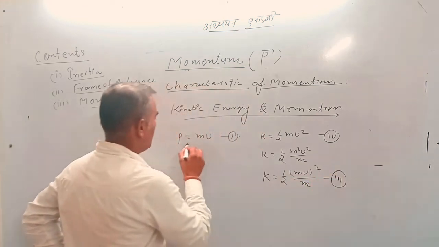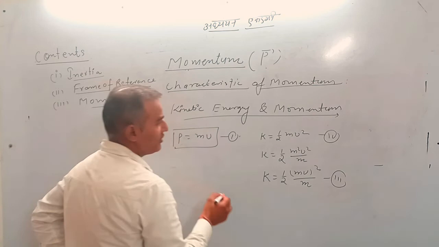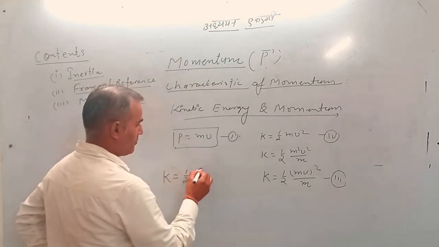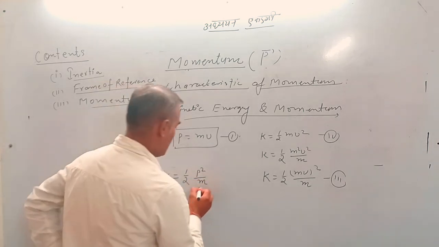Since P is equal to mv, you can write K is equal to half P square upon m.